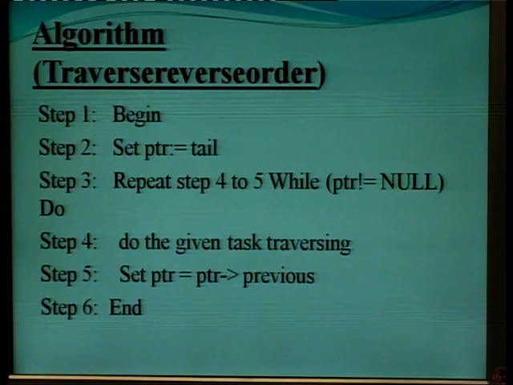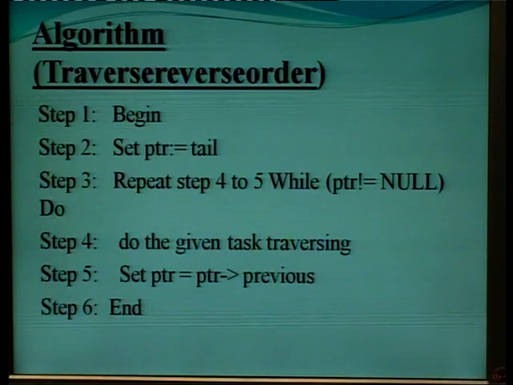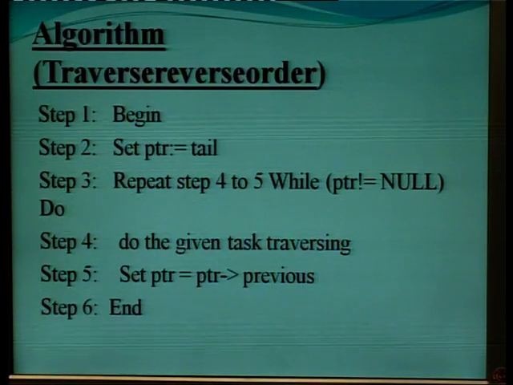If we are going to traverse in reverse order, the steps are the same. The difference is that we have to check the previous pointer, not the next pointer. So begin by setting the pointer variable to the tail, that is, to the last node's address.